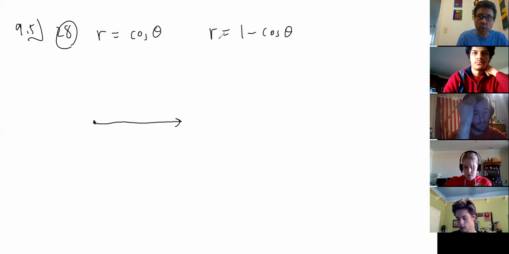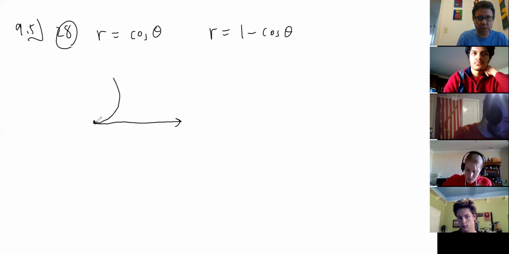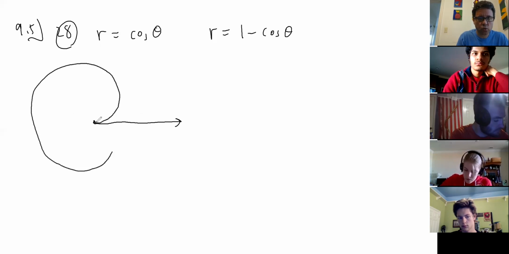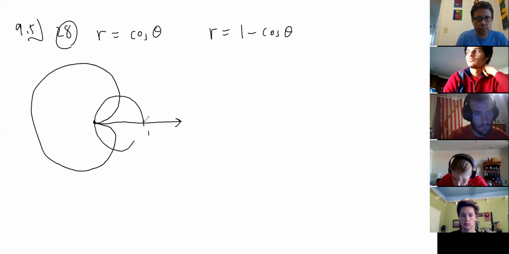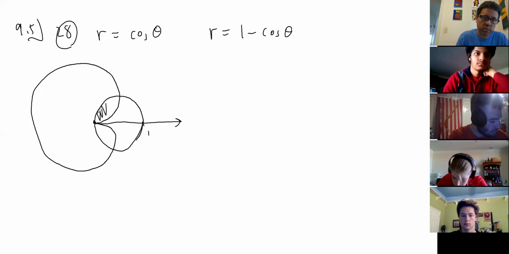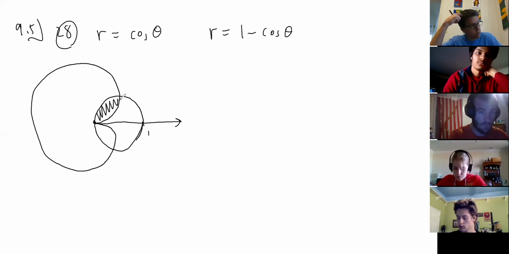So this is a cardioid. In this case, it starts at 0. I'm going to emphasize it a little bit because the picture is small. And then this is a circle. It comes out here to 1. And the part that I want is that area right there.